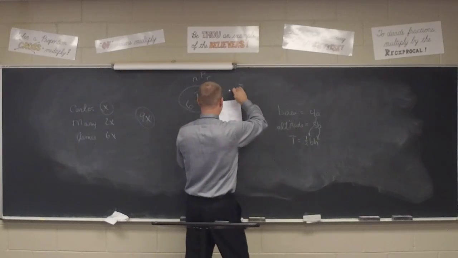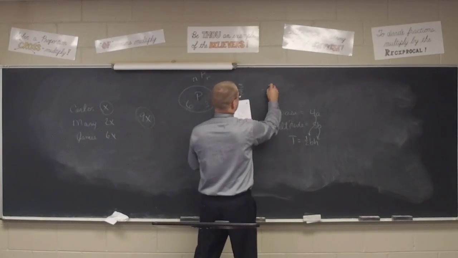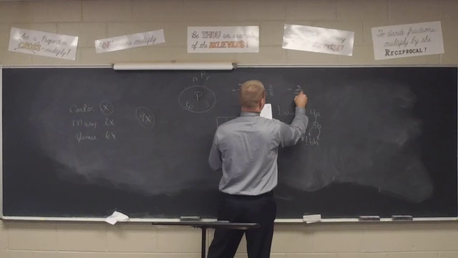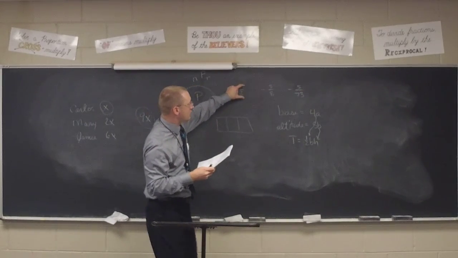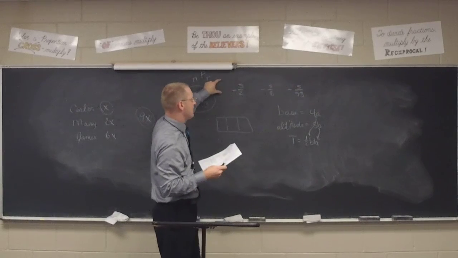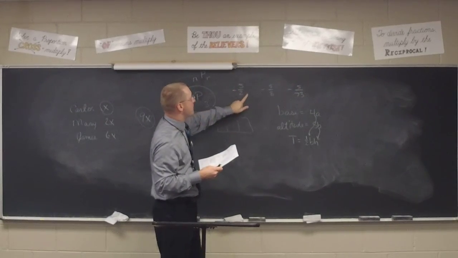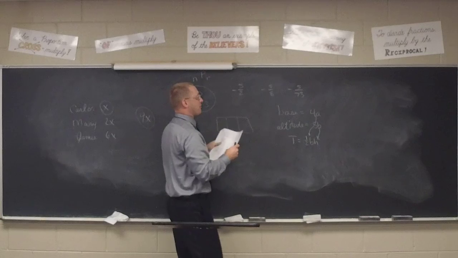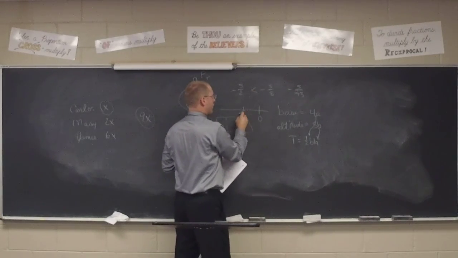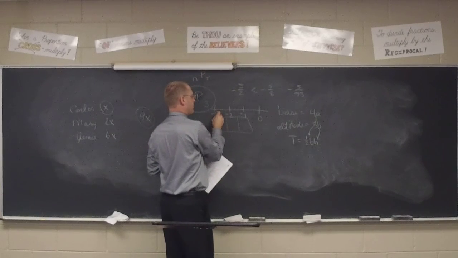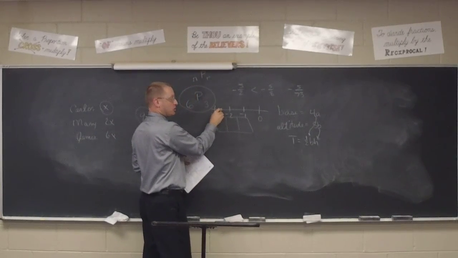If the run increases, it'd be like negative 5 to 8, negative 5 to 73, whatever, right? The rise stays the same. So is the slope increasing or decreasing? How does negative 5/8 compare to negative 5/2? It's greater. Picture the number line. Here's 0, negative 1, negative 2, negative 3. Here's negative 5 over 2.